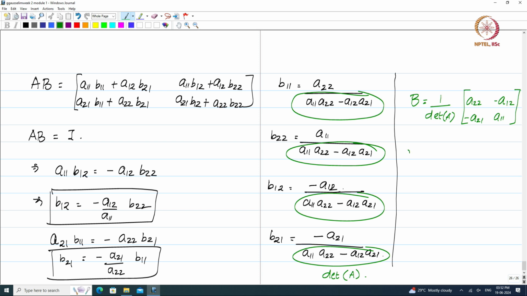If the determinant of A is 0, then the matrix B does not exist; if the determinant is not 0, then the matrix B exists. The matrix B is called the inverse of A. B is denoted as A inverse. Also note that B into A is the identity matrix I. The matrix B exists if and only if determinant A is not equal to 0.